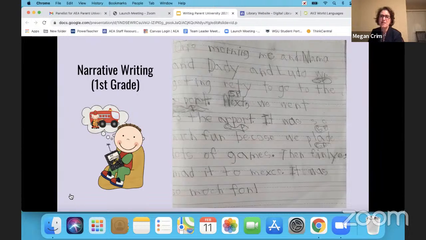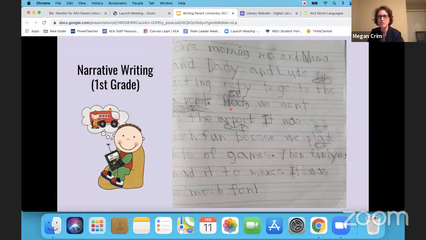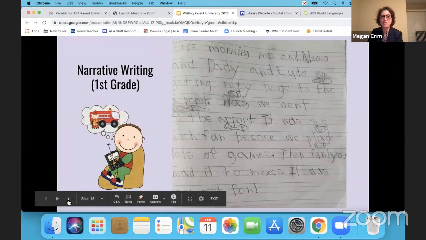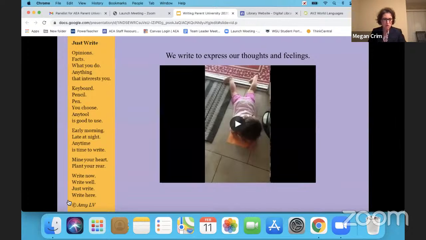So my guess is that when he went back, he looked for capital letters and added some transition words for this. But this is excellent narrative writing for October, November in first grade. Okay, so the idea of really writing as a way to express your thoughts and feelings.